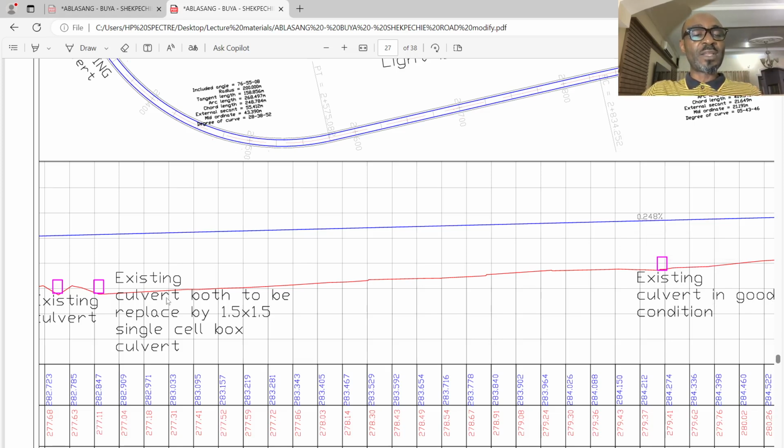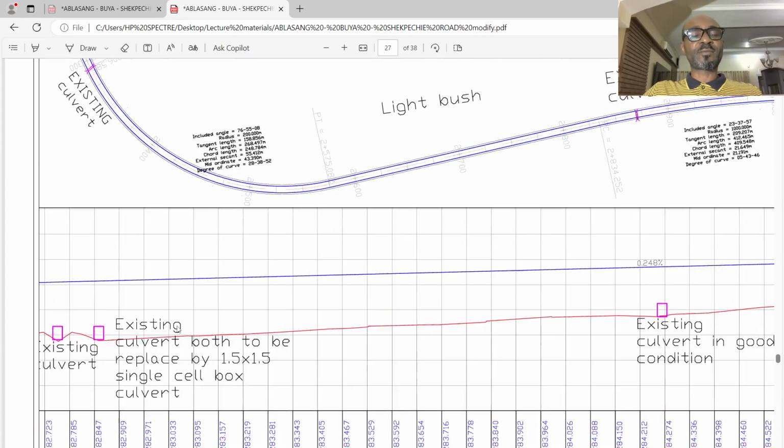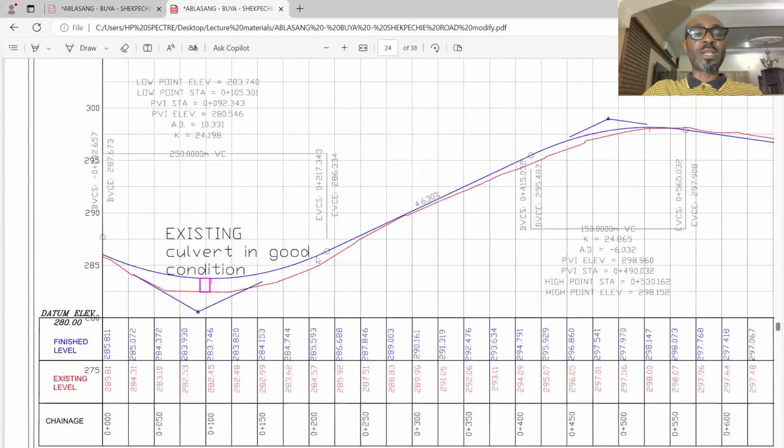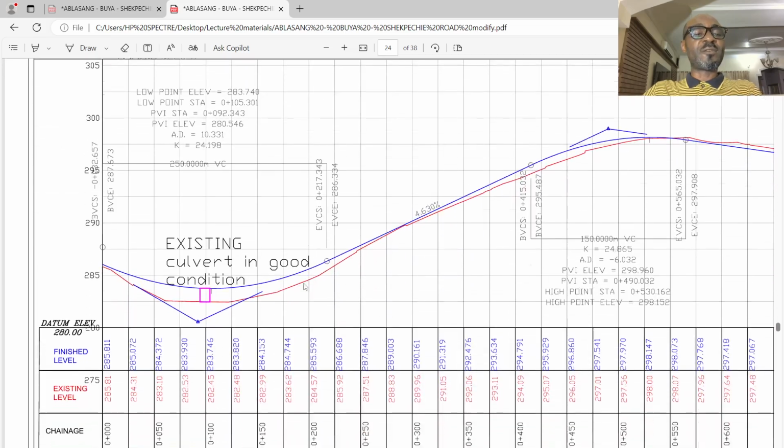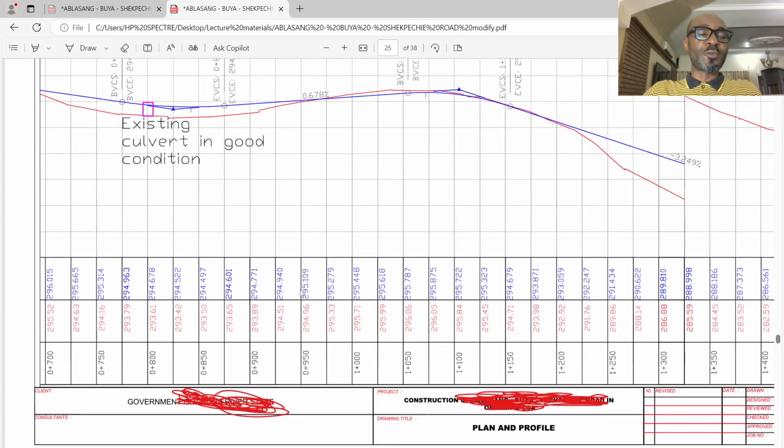Then existing culvert, both to be replaced by 1.5 by 1.5. So these two are probably bad, or they have been blocked, and the designer is requesting that the two should be replaced with this. So this first two sheets is what we're going to use for illustration.